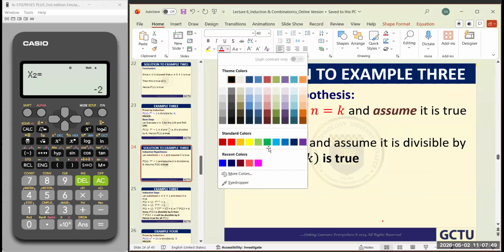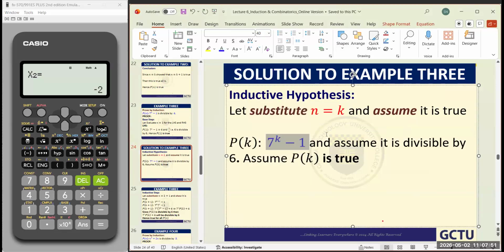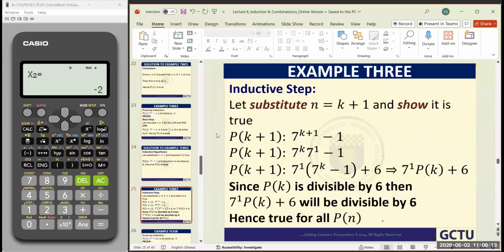Now, we are asking ourselves, let's assume that 7 to the power k minus 1 is divisible by 6. Remember, the second step is an assumption, so we don't prove anything. So when we write it, we leave it like that. 7 to the power k minus 1 is assumed to be divisible by 6. And we assume that that statement is true. And the last step is the k plus 1.